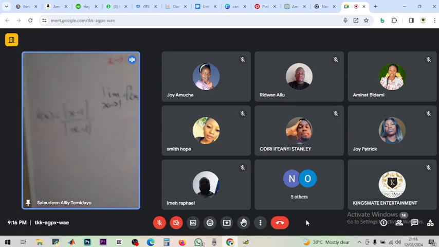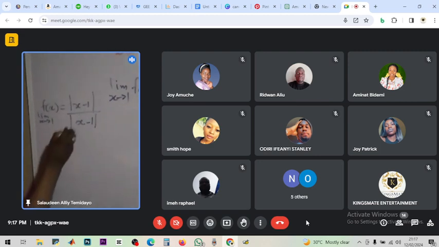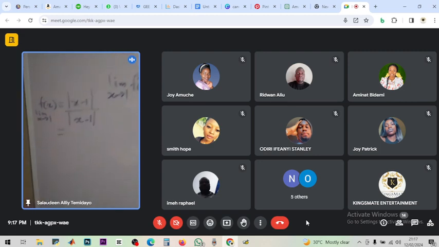So what we need here is just to come here and say what is mod? We are given the limit of x to 1. So just come here, I'm coming in straight. My modulus still means the same thing.